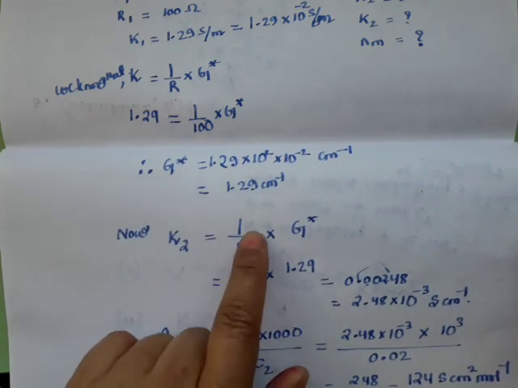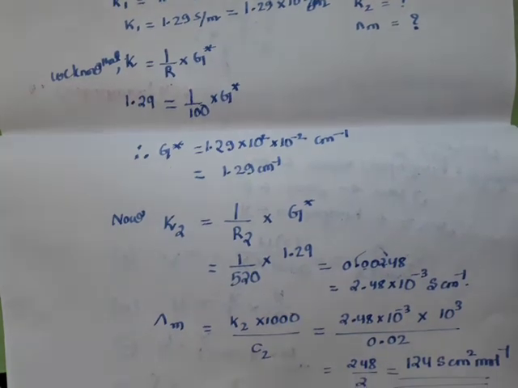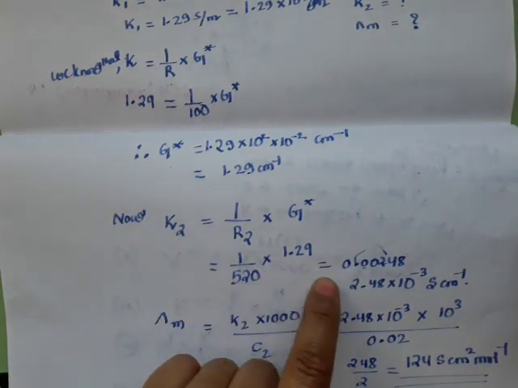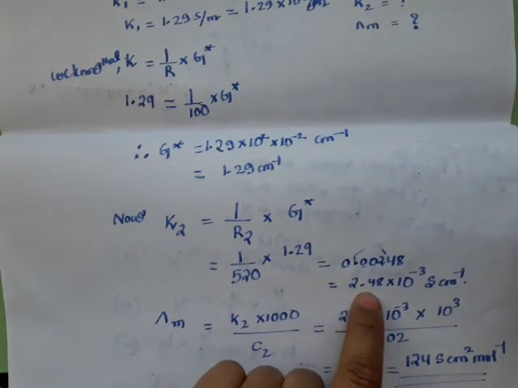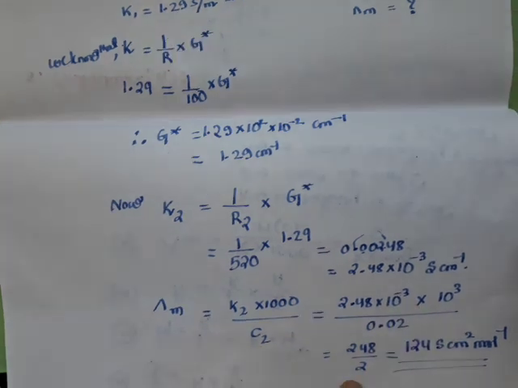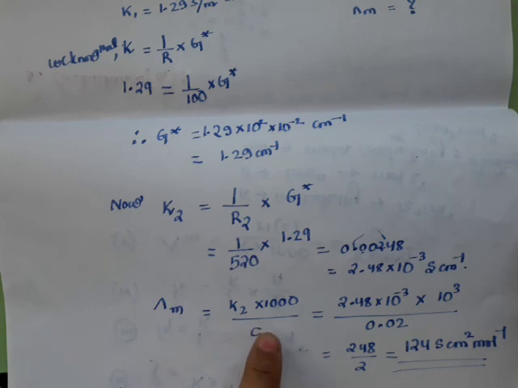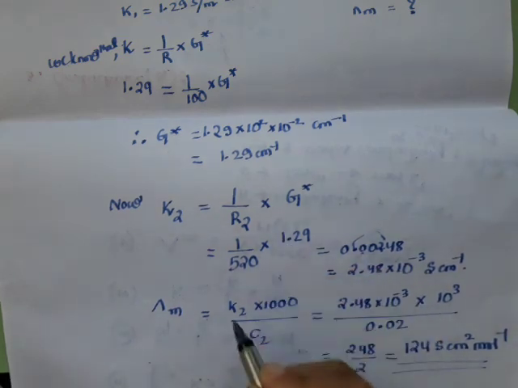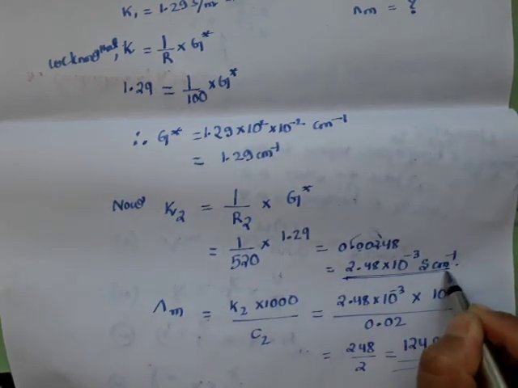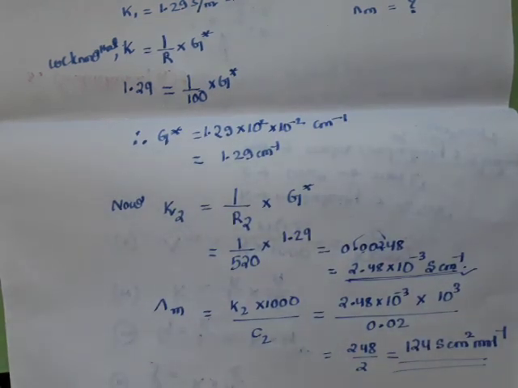So K2 is equal to 1 by R2 into G star, and from there you will get the value of K2, and it is 0.248 into 10 to the power minus 3 Siemens centimeter inverse. Then lambda m is K2 into 1000 divided by C2. When you substitute the values, do the multiplication and division, you will get the value as 124 Siemens centimeter square mole inverse. So these two are the required answers. Thank you.